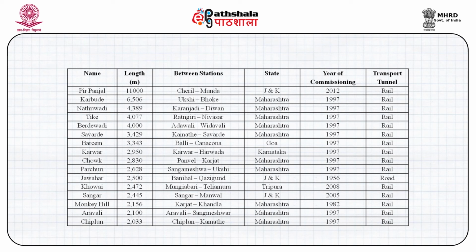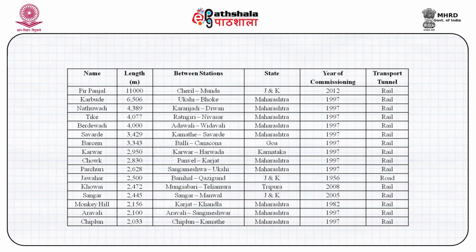Recently, last month, a road tunnel was opened in Jammu and Kashmir. It was inaugurated by Prime Minister Narendra Modi. This tunnel is 9.28 kilometers long. But the longest tunnel in India is a rail tunnel in the Pir Panjal mountains, again in Jammu and Kashmir, from Cheril to Munda, which is almost 11 kilometers long.